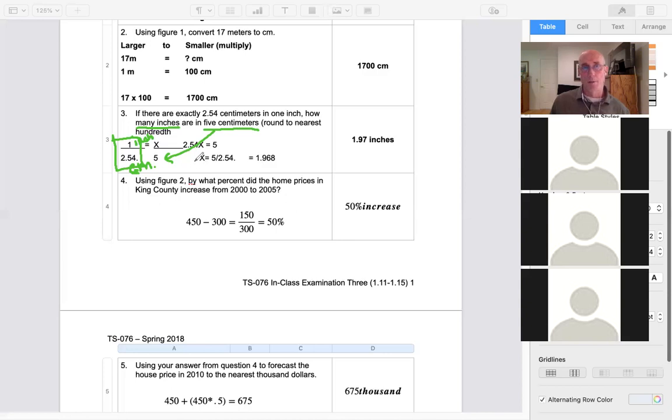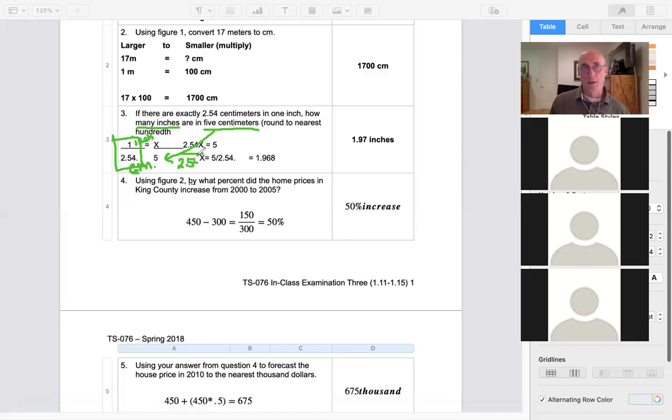As an algebra problem, you've got 2.54x equals 5. To get x by itself, you see how these two are multiplied by each other? You do the opposite operation. They're side by side, which means they're multiplied, so the opposite operation is to divide by 2.54.